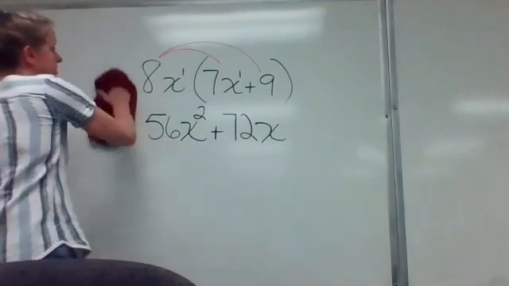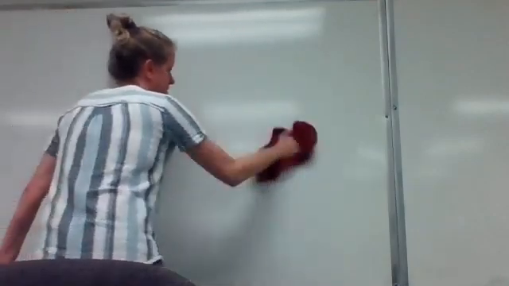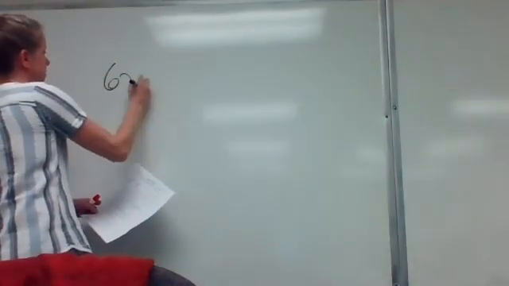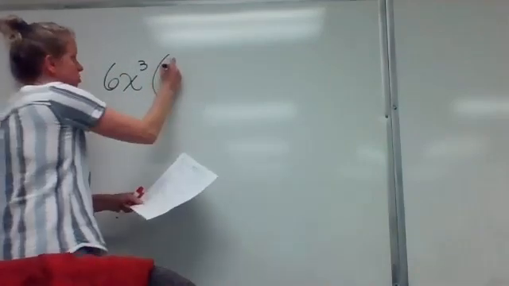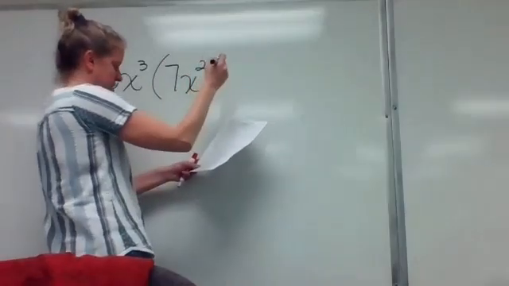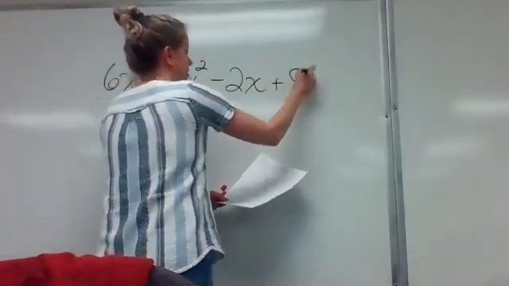Right, number 6. 6x to the third times, in parentheses, 7x squared minus 2x plus 8.